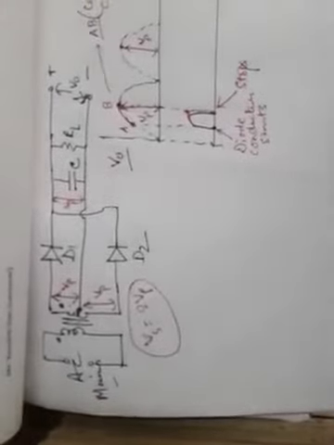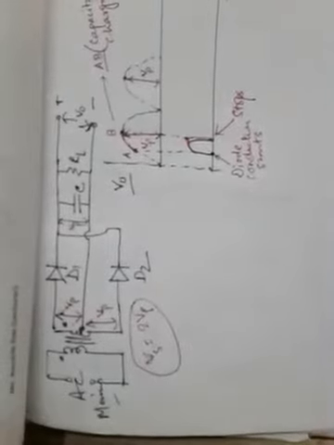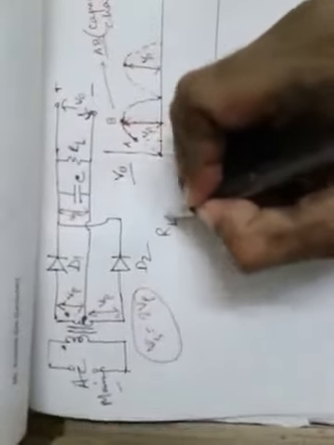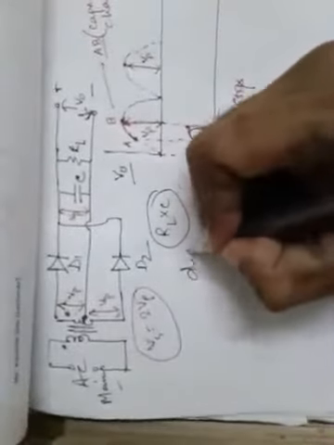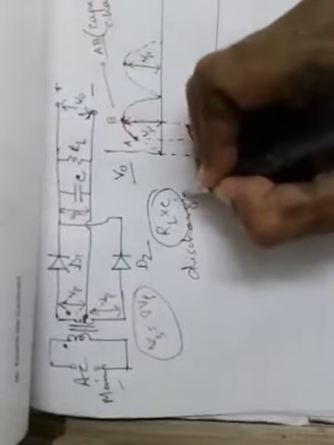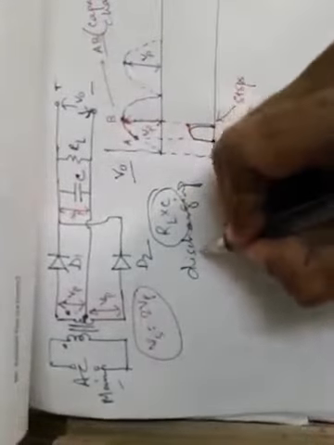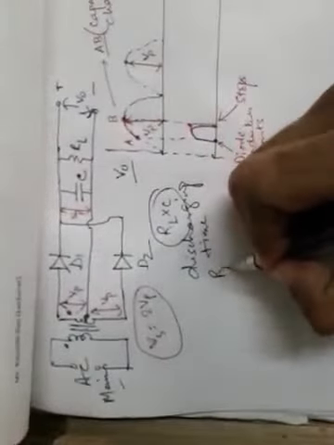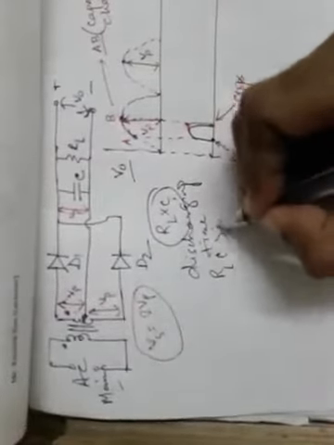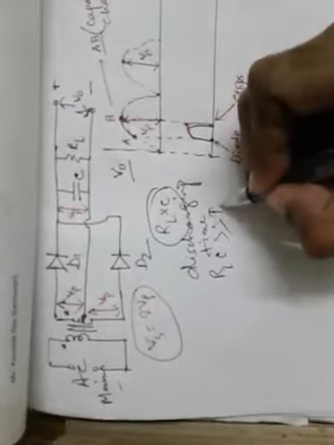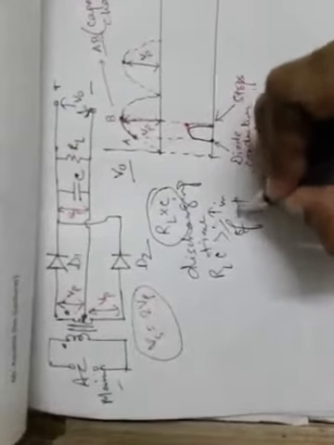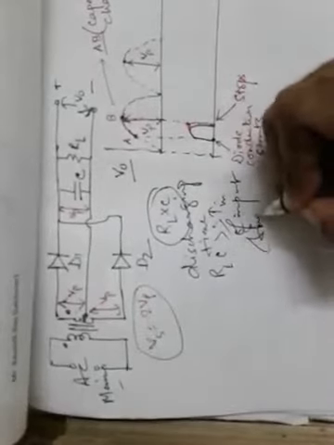Now what will happen when the diode is switched off? Due to the natural tendency of the capacitor, since a load resistor is connected in parallel with it, it will try to discharge, and this discharging will be based on the discharging time constant RL into C. As I have already told you in the last video, this discharging time constant RLC will be kept quite high compared to the time period Tin of the input sinusoidal signal, that is Vin.